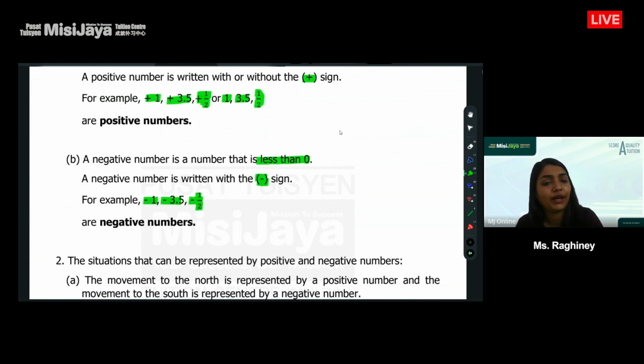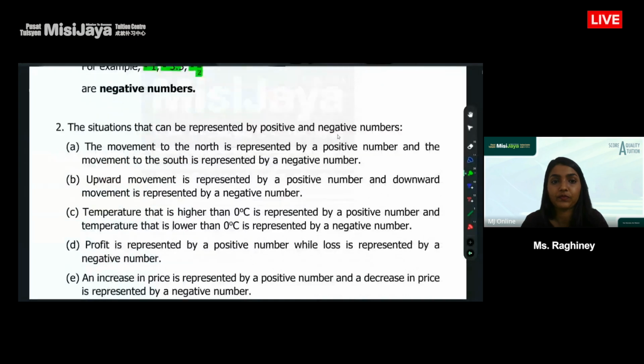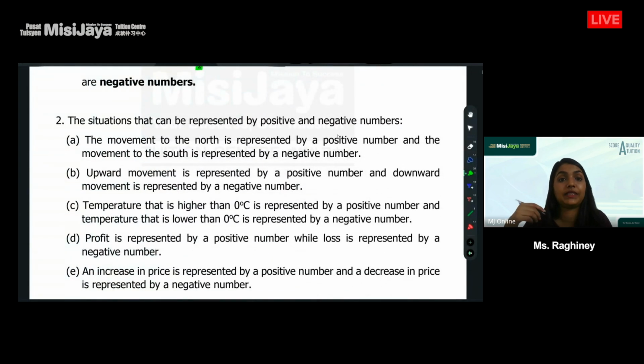So why do we have positive and negative numbers? Why do we need this actually? It helps us to represent certain situations that we want to explain. For example, we can set this ourselves. The movement to the north is represented by a positive number, and the movement to the south is represented by a negative number.